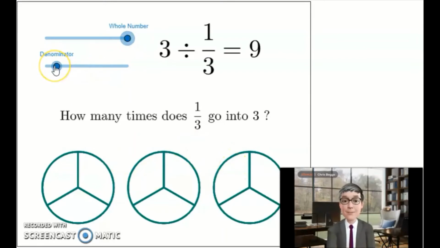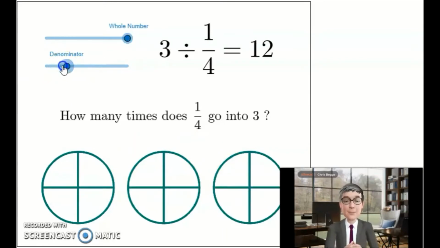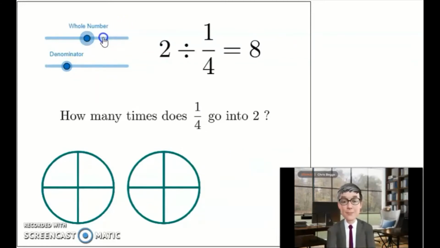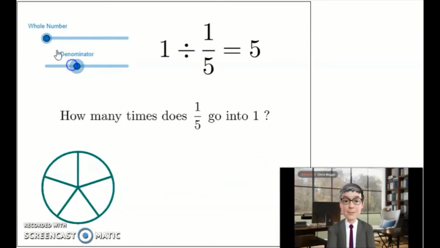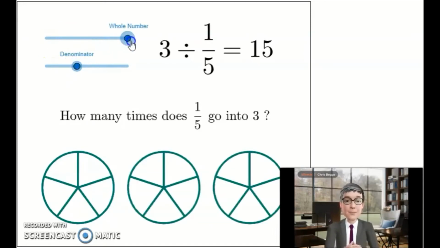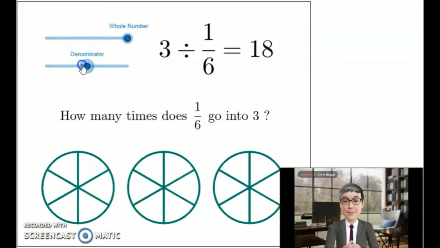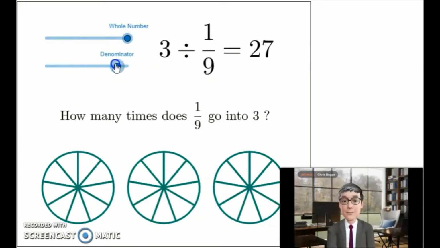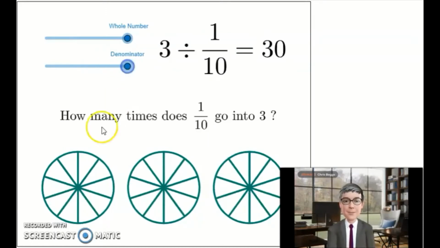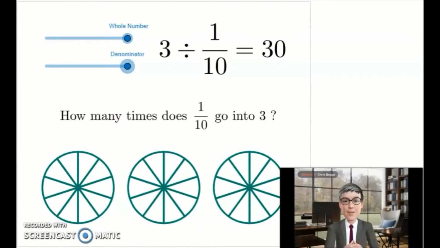If I want to deal with 4 on the bottom, 12, or 8, or 4. 5 on the bottom, 5, 10, 15, 6, 7, 8, 9, and 10. So dividing by a fraction is the same as multiplying by the denominator.